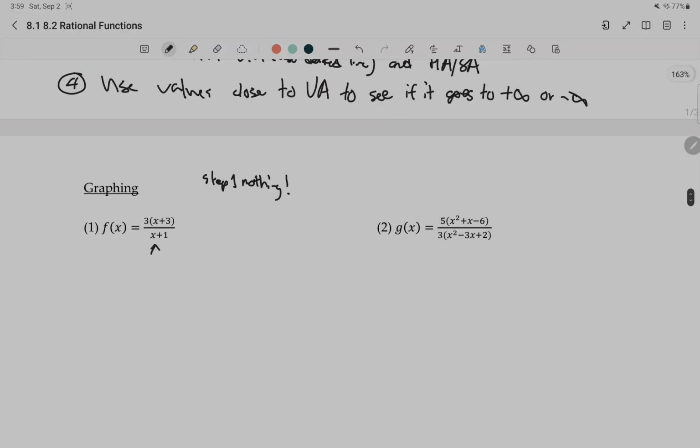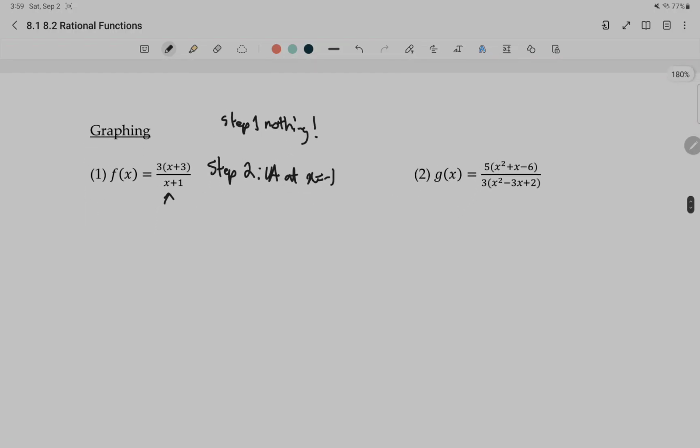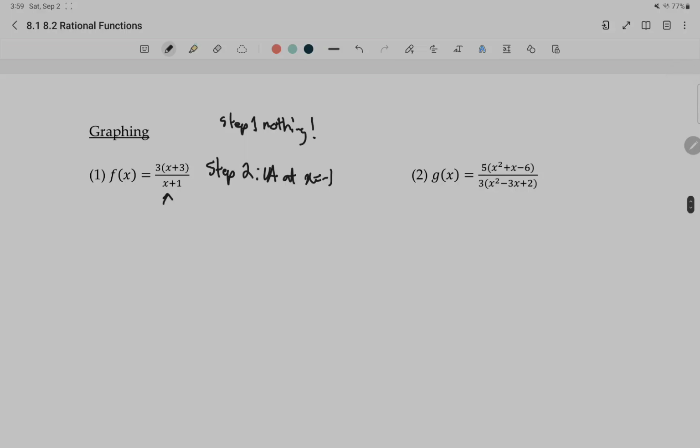So we have a vertical asymptote right here, at x equals negative 1. And let's see if we can find a horizontal asymptote. As you can see, the degree is the same for the top and the bottom, so we need to divide by the leading coefficients. So HA is going to be y equals 3.